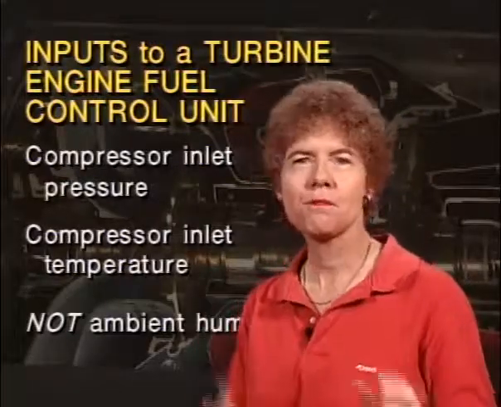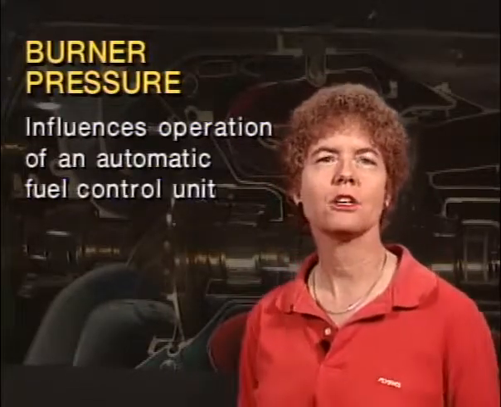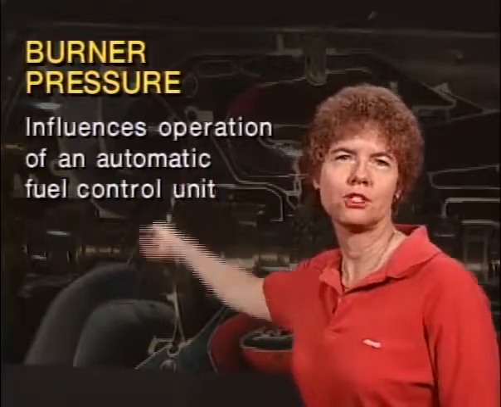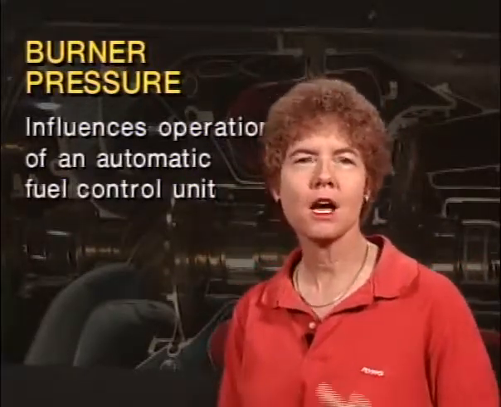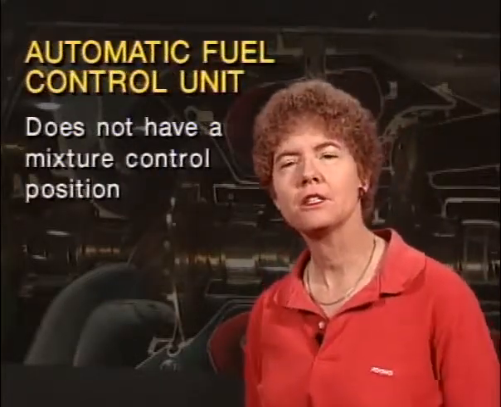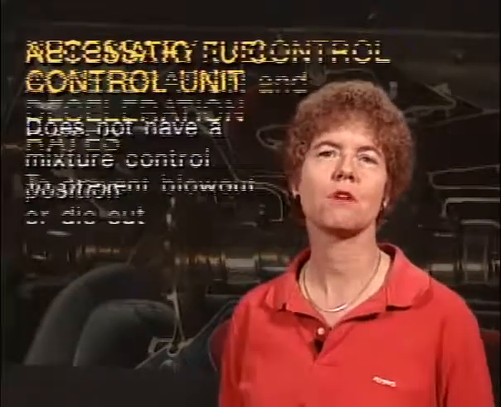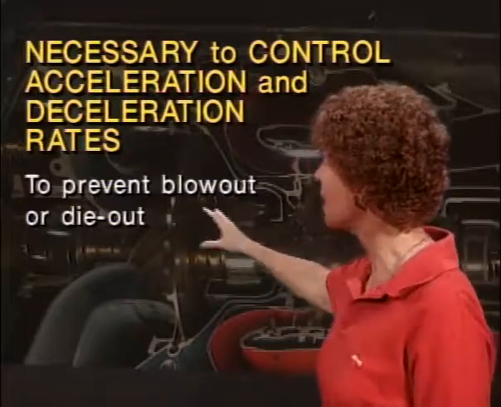Now, the burner pressure influences very strongly the operation of the automatic fuel control unit on a turbojet engine. The automatic fuel control unit does not have a mixture control position, and it's necessary to control the acceleration and the deceleration rates in turbine engines in order to prevent blowout or die out.